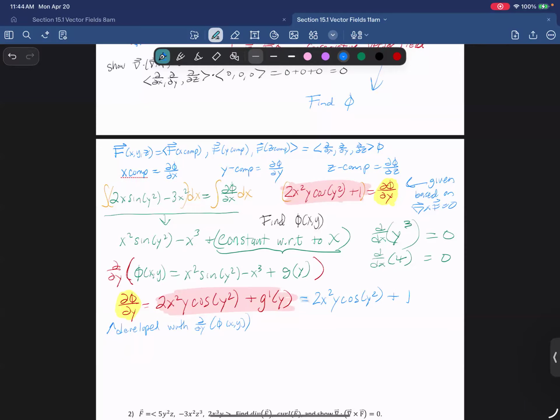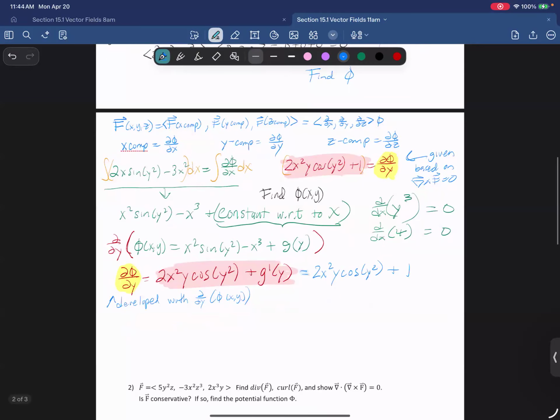But they are the same phi, which means if we put them together, g prime of y has to equal 1, because this term here is the same on both sides, so we can just subtract them out. And if I integrate this with respect to y, we get g of y equals y plus some constant.